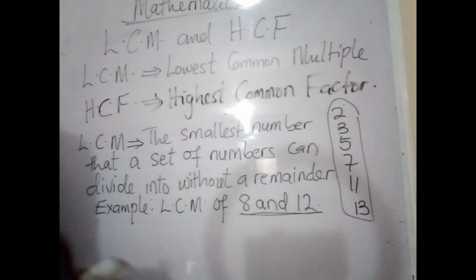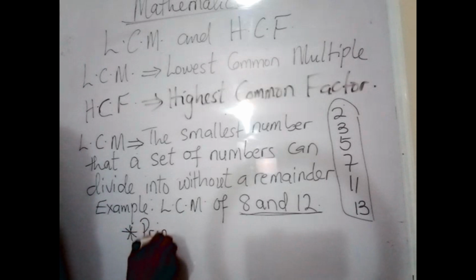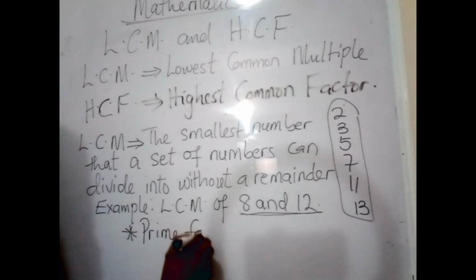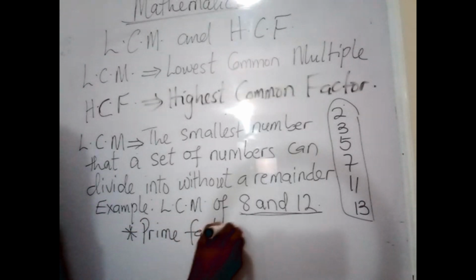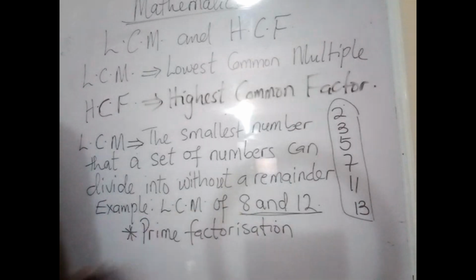There are two methods we can use in finding our lowest common multiple. We use the one we call prime factorization, and there is the long division method.